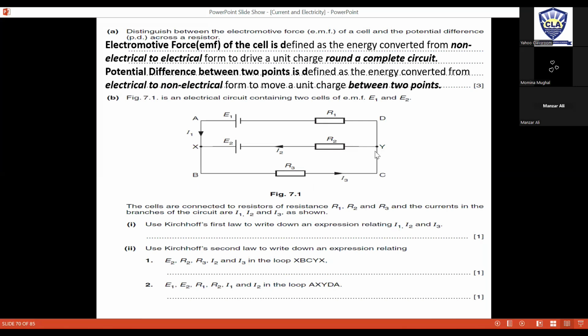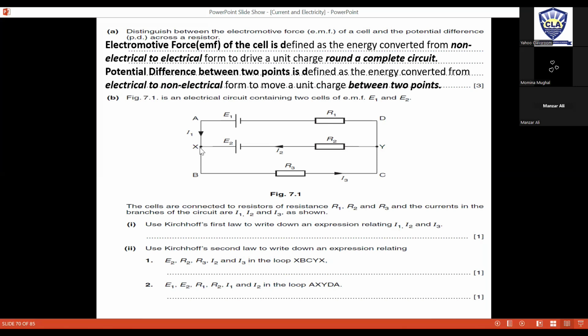Now they have given a circuit in which there are different branches. There are two EMFs attached. In one of the branches is E1, the other one has E2, and there's a third branch in which we have resistor R3. We have to find the relationship between I1, I2, and I3. So we have to choose a junction where all the three currents are entering or leaving.